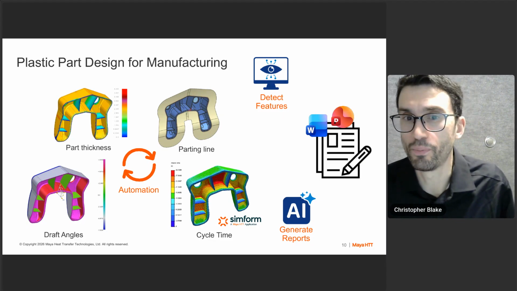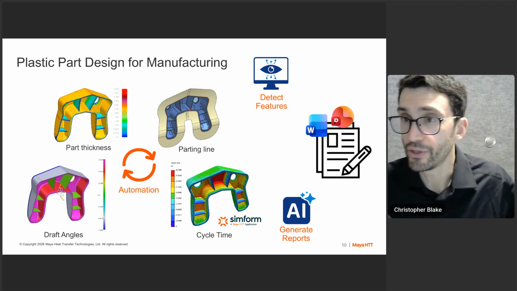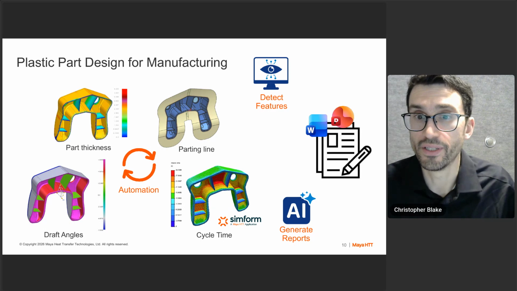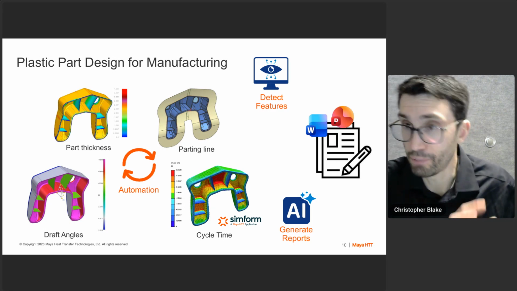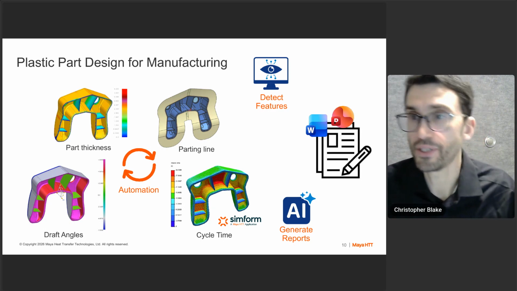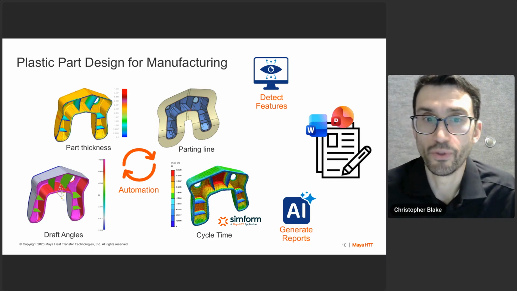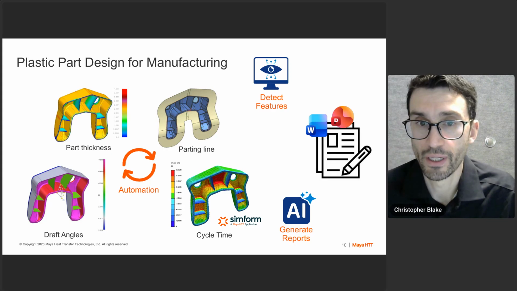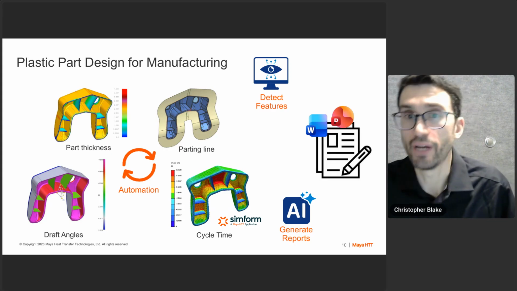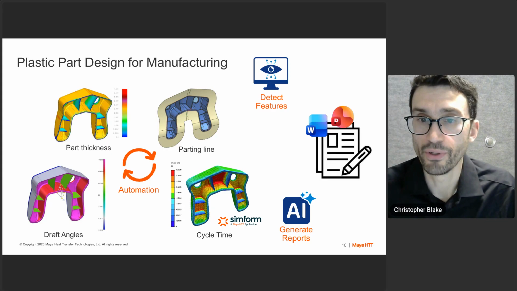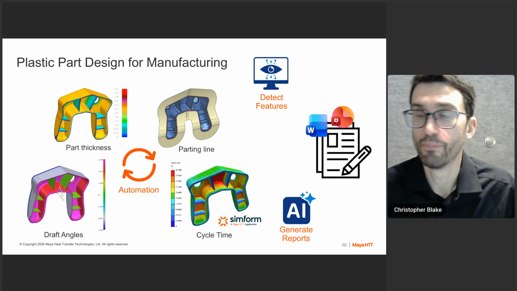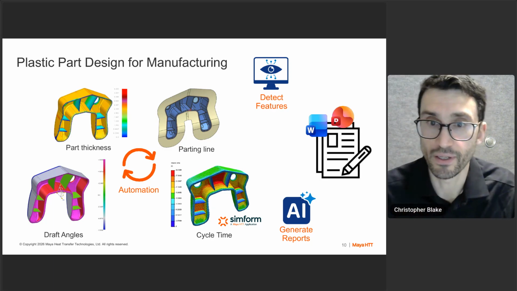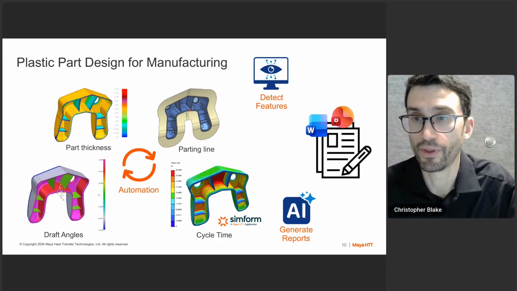So with historical part data for training, you can use AI models to detect features off of the plastic part that are potentially going to complicate the tool and or increase the overall manufacturing process. And then generative algorithms can be used to produce the reports, compile all the data from different analyses, and have those reports be shared with the customer.